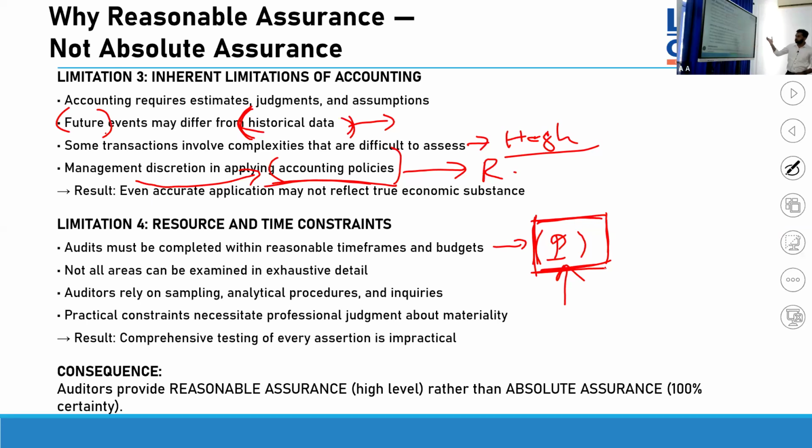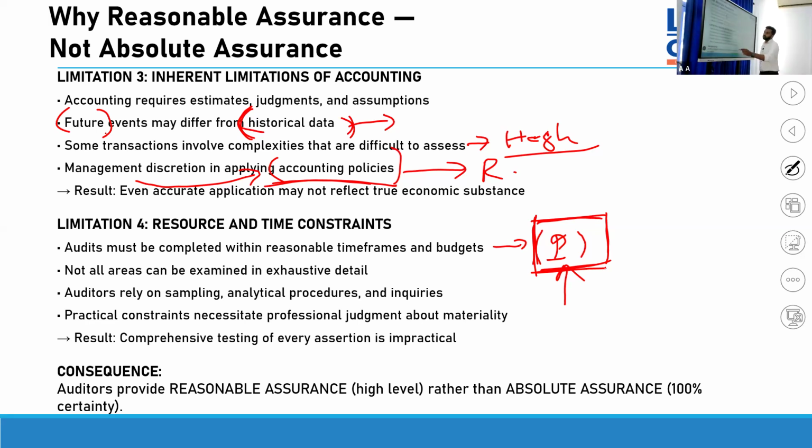So there is a time constraint. It allows us only to test samples. That's why we test samples instead of testing the entire population, because of time constraint, right?